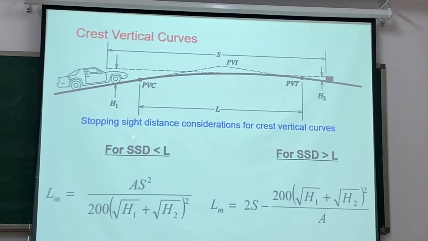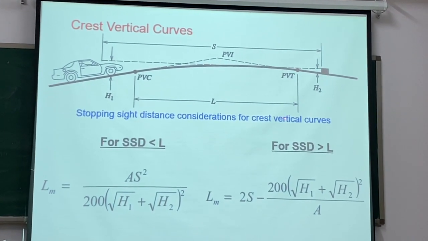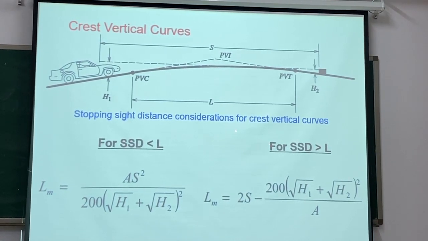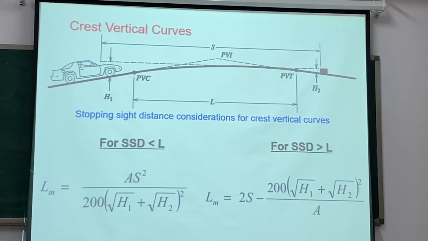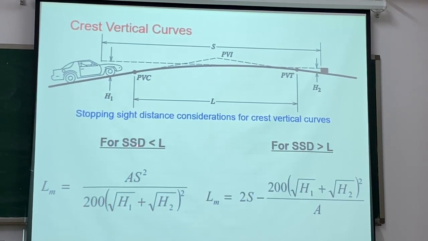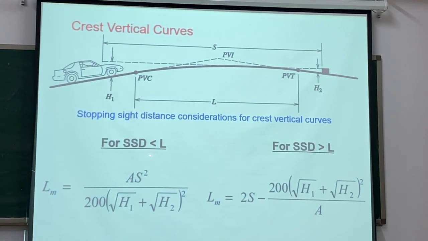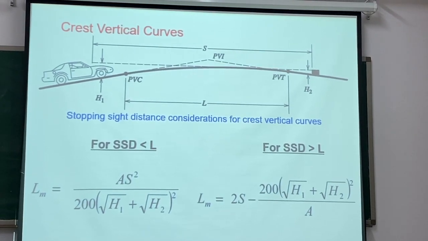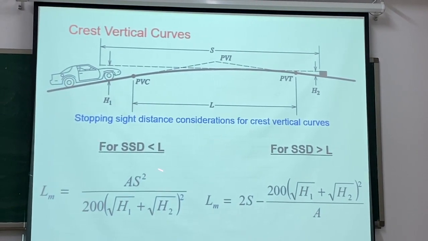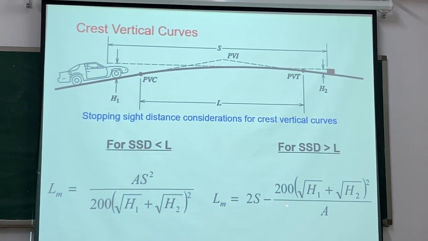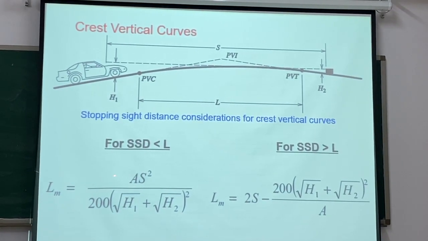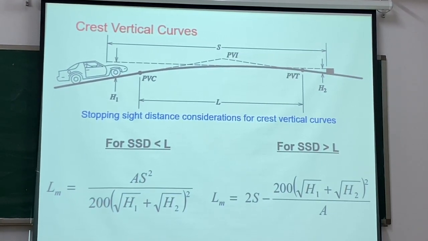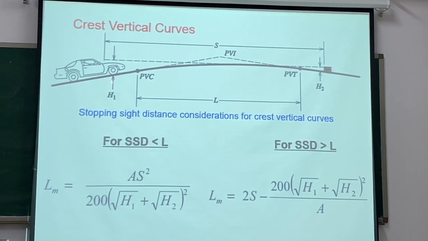For stopping sight distance considerations for crest vertical curves, there are two different conditions: SSD is less than L, and SSD is larger than L. We can use different equations to calculate the L. But we should know what the H is.